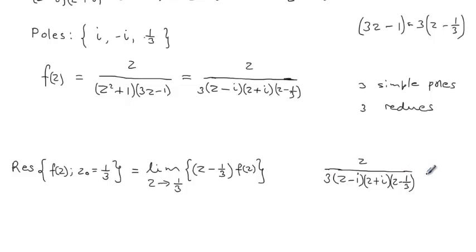If we then multiply this by z minus 1 over 3, in other words, you have f of z multiplied by z minus 1 over 3, we can clearly see that this factor and this simplify to 1, then we're left with z over 3 times z minus i multiplied by z plus i. So computing the limit here, this will give us the limit as z is approaching 1/3.